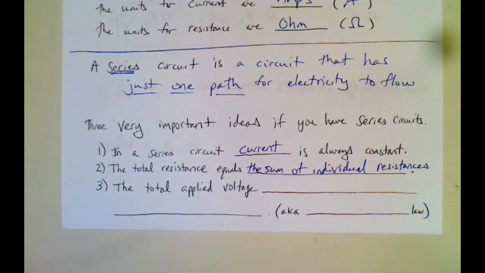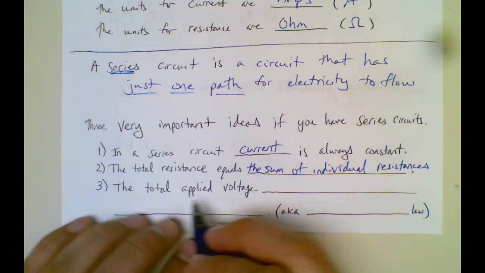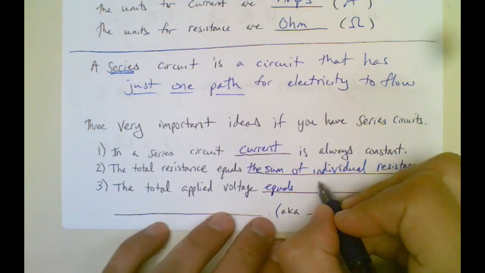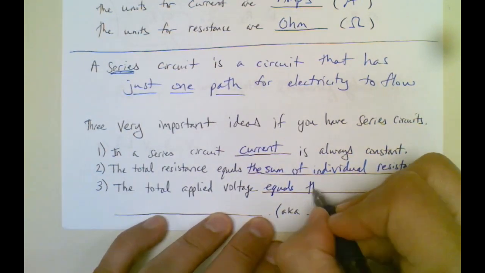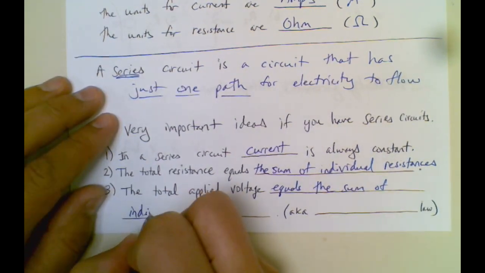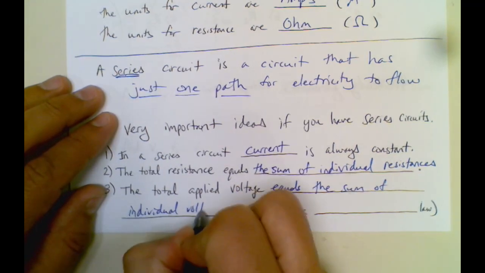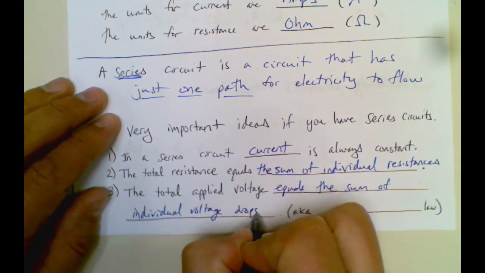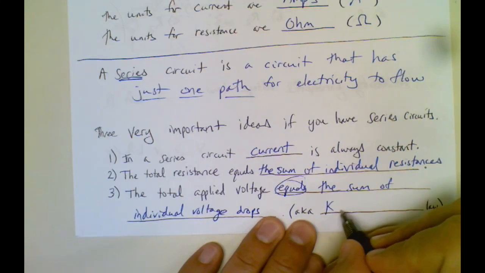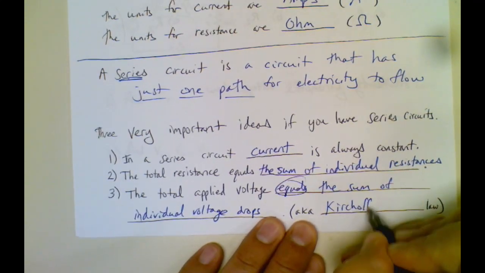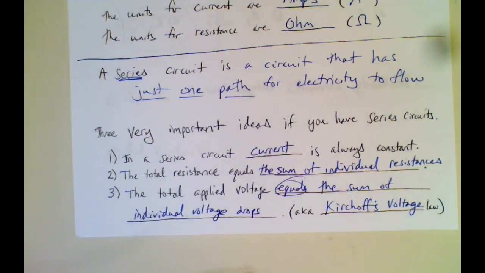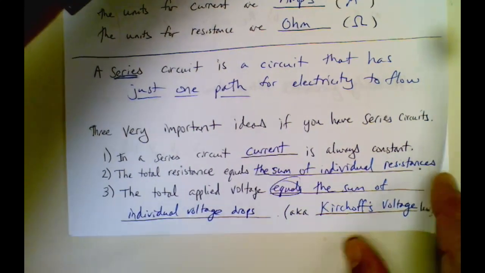And the third part is the total applied voltage equals the sum of the individual voltage drops. This is how we're going to check our answers, because this, by the way, is called Kirchhoff's voltage law. We're going to use this to check our answers pretty often.